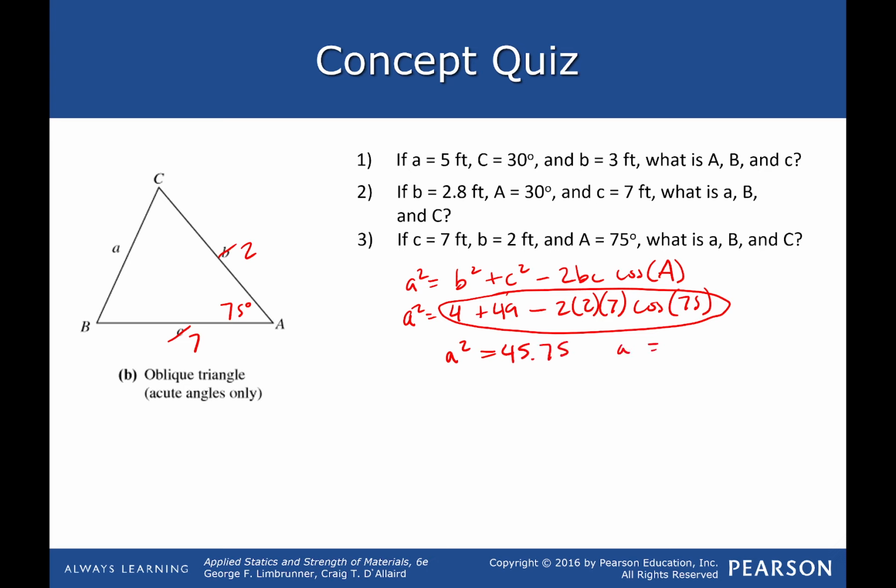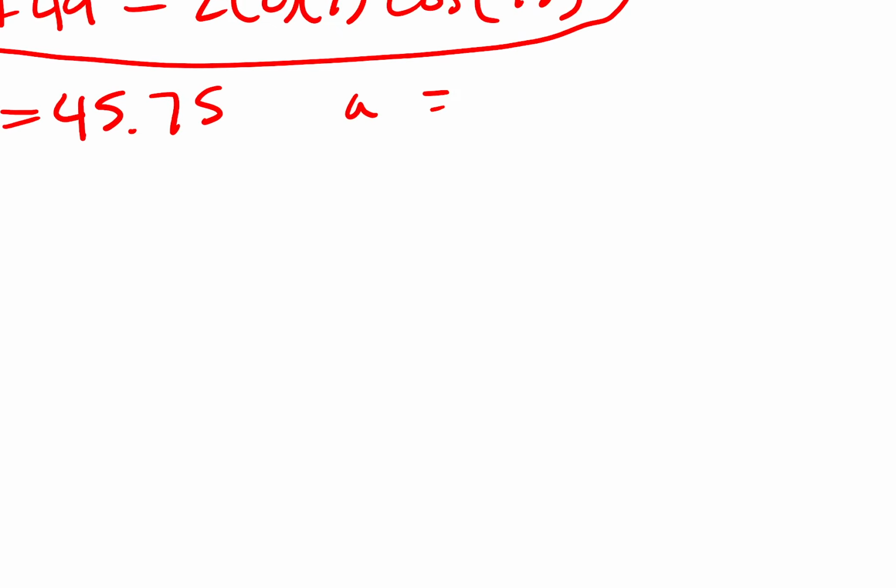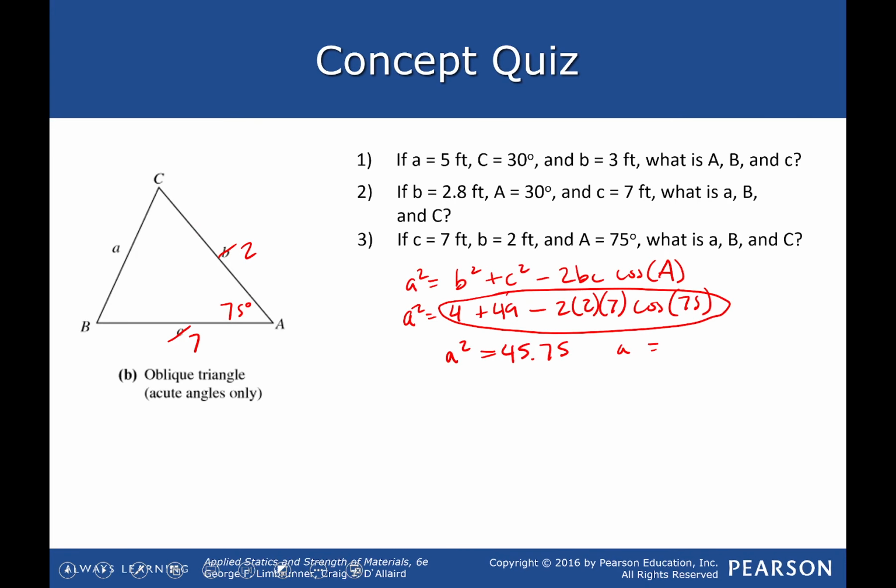And therefore A is going to be equal to the square root of that, and that comes out to be 6.76. Okay, so I got one more side. Now I'm going to do the exact same thing I did last time, which is to use law of sines to solve for an angle. And then from there I can keep on moving on.